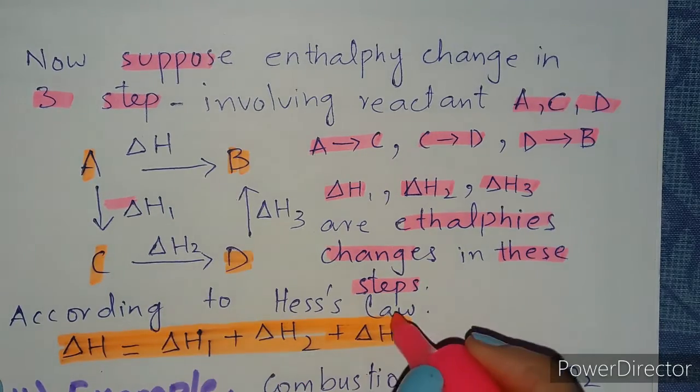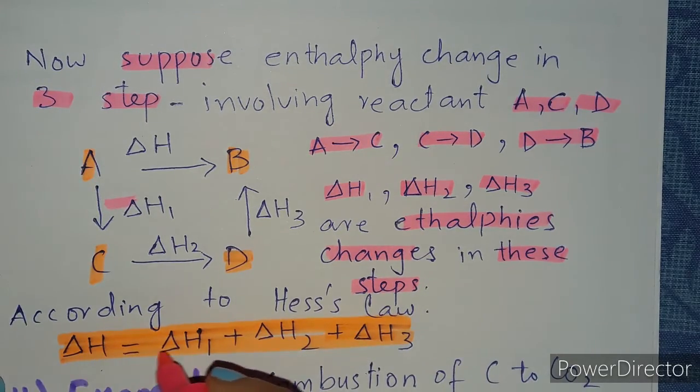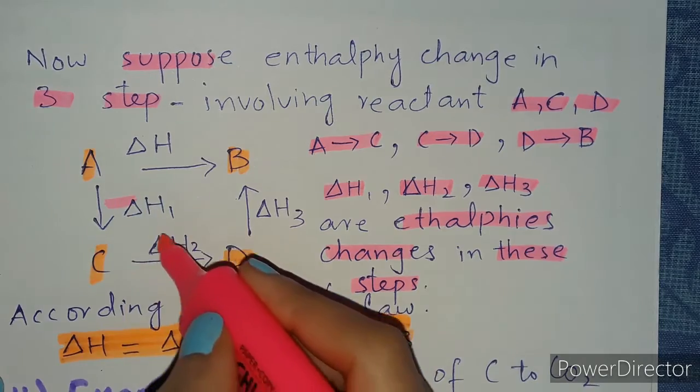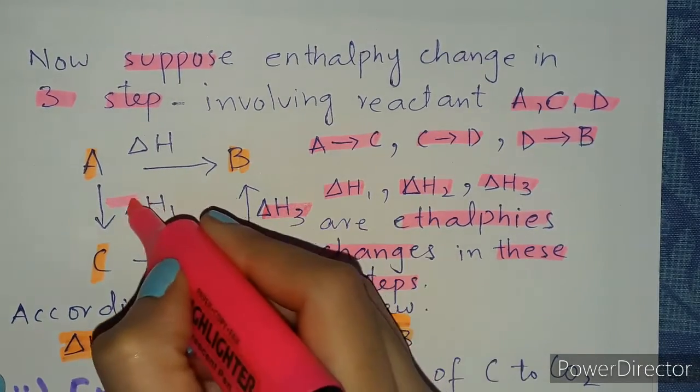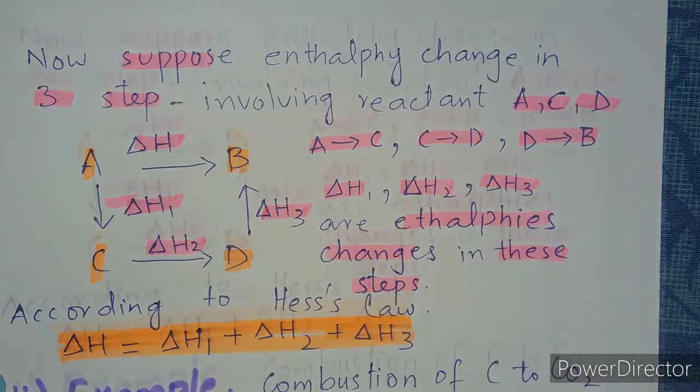Then according to Hess's law, del H is equal to del H1 plus del H2 plus del H3.